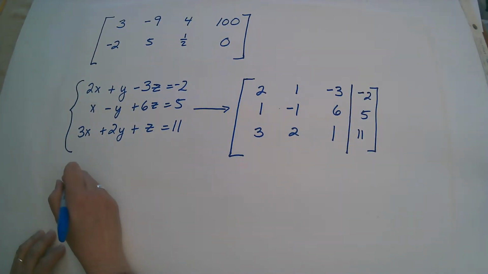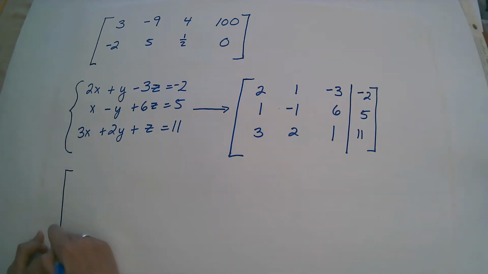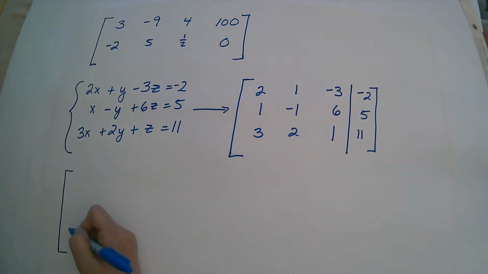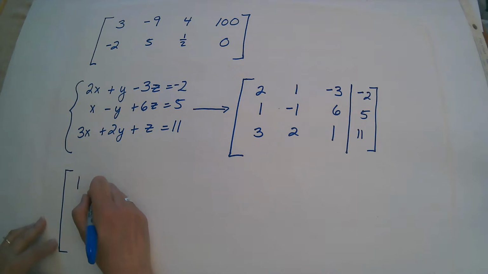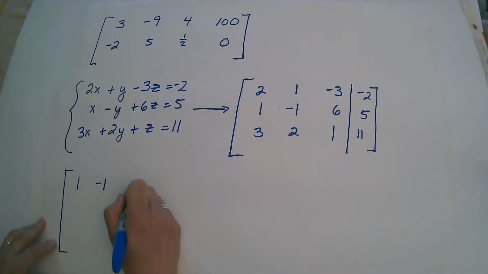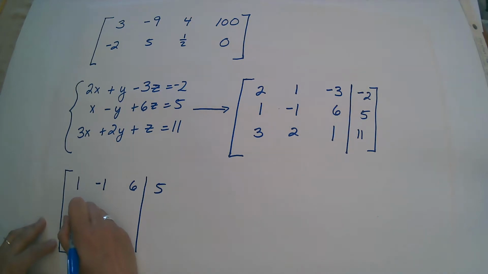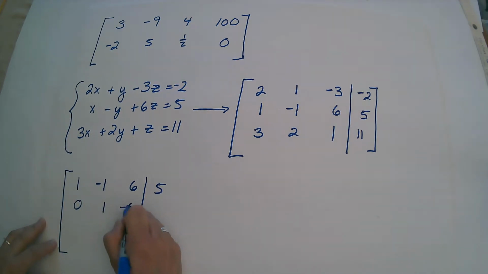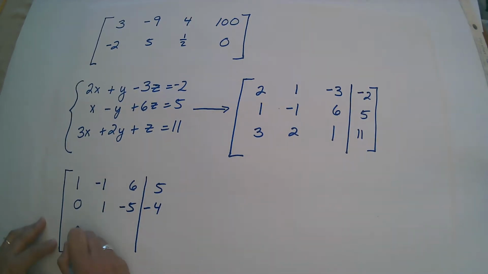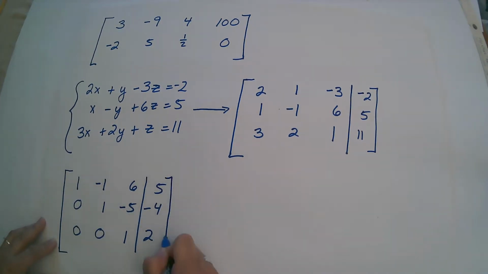For example, I could have this augmented matrix. It's 1, -1, 6, 5, 0, 1, -5, -4, and 0, 0, 1, 2. So here's my matrix.